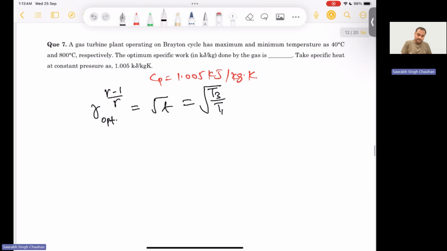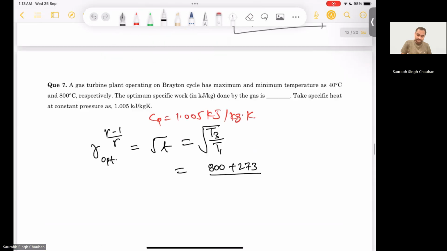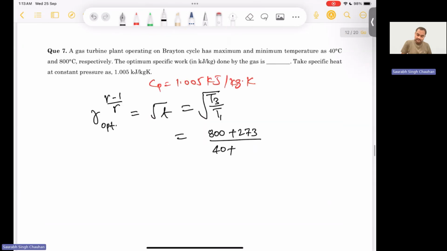T3 is 800 degrees Celsius, but we need to change this value into Kelvin, and divide by 40 plus 273, and take the square root.